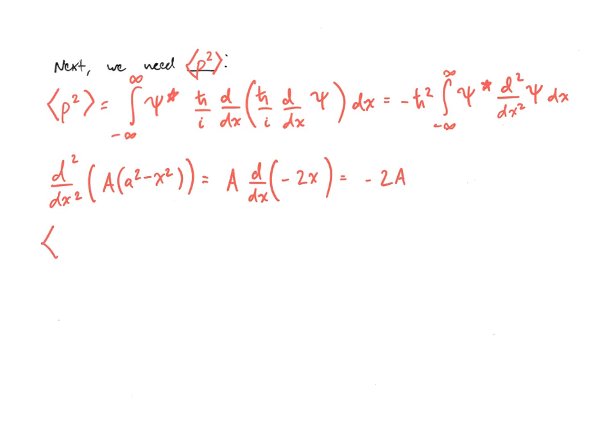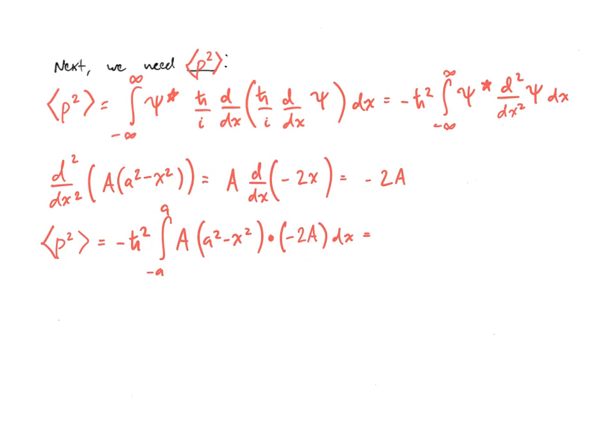All right, so coming back here to finding the average of the momentum squared, this equals negative h bar squared, integral from negative a to a, big A times a squared minus x squared. That's the complex conjugate of the eigenfunction times our second derivative here, negative 2a, dx.